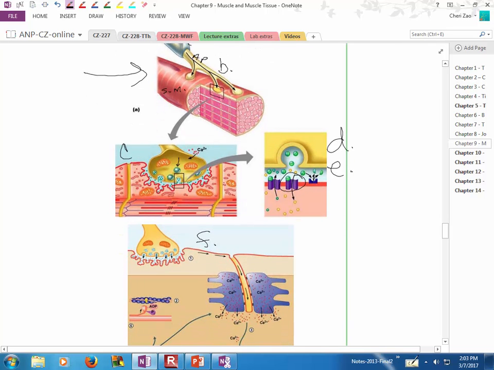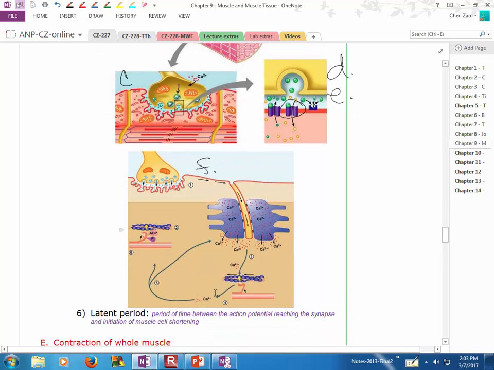And we see calcium being released from the sarcoplasmic reticulum here, which can now cause us to actually have actin and myosin interact. And that causes the sarcomere shortening, or the contraction of the muscle cell.